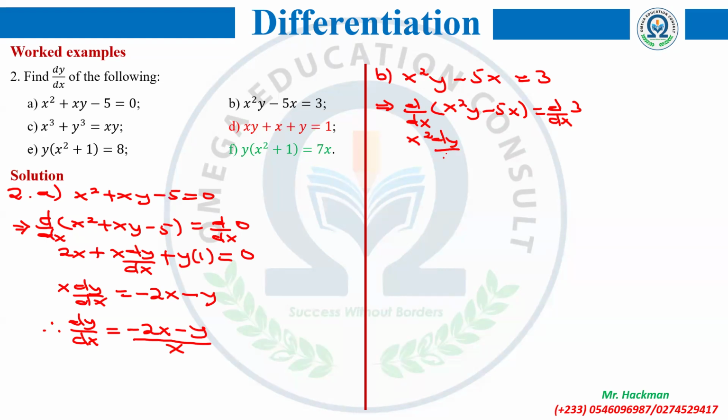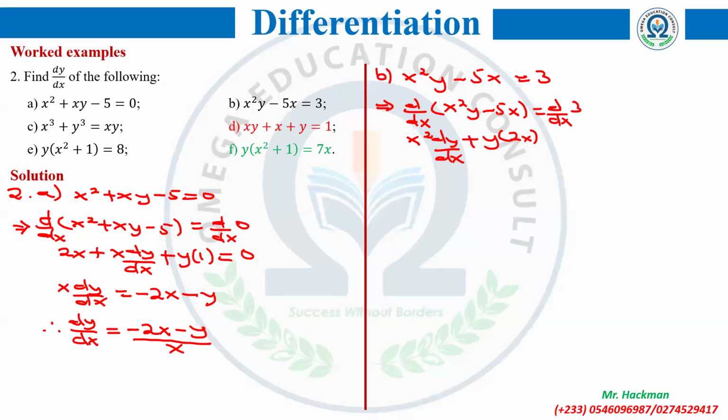Yes, please. Okay, then plus, you hold the y, then differentiate x squared. If you differentiate x squared, find d dx of x squared, what do we get? 2x. So in brackets, 2x, you are doing well. So that will be the differential of x squared y.